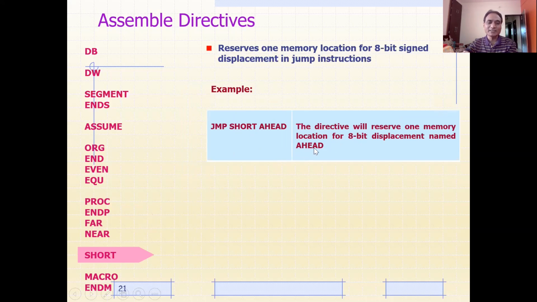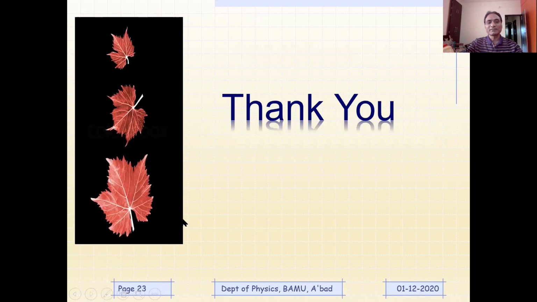Displacement is going to be only 8 bit, whereas in case of near, displacement would be 16 bit. So plus or minus 127 here, and there plus or minus 32K as I mentioned earlier. Jump short ahead means the displacement address is going to be only 8 bit, and since it is 8 bit, it is going to be plus or minus 7F. And this macro and NM are not included in our curriculum, so I'm not going to mention that. Okay, so this is how we have it.